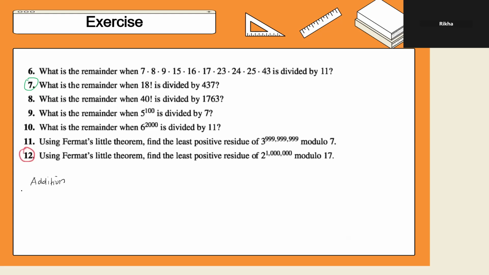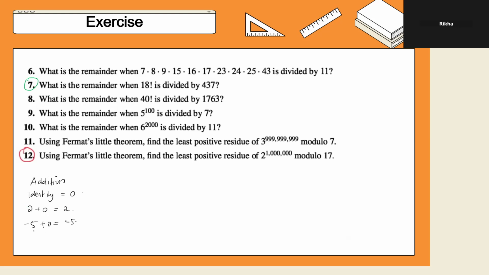So in addition, the identity element is 0. Because we know that for all numbers, if we add 0, it stays as that number, 2, gitu ya. -5 plus 0, -5, gitu. So identity element is 0 in addition.